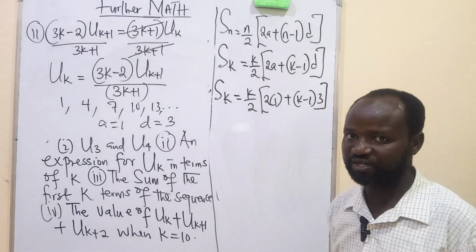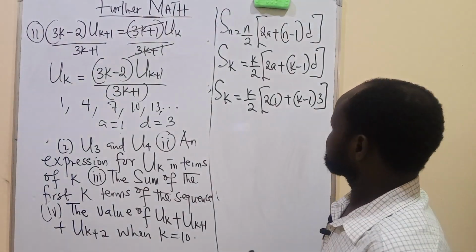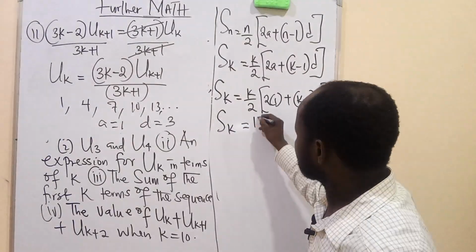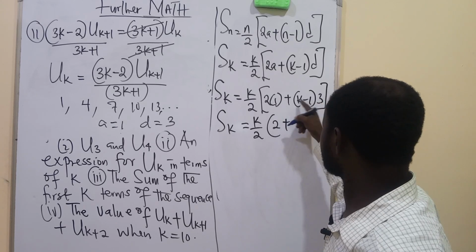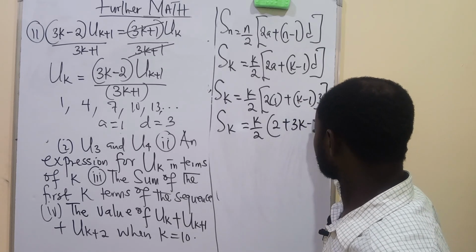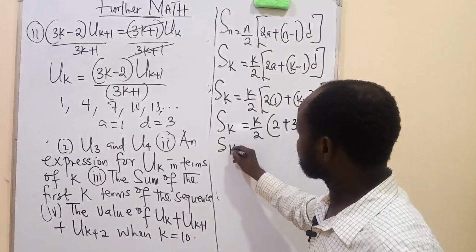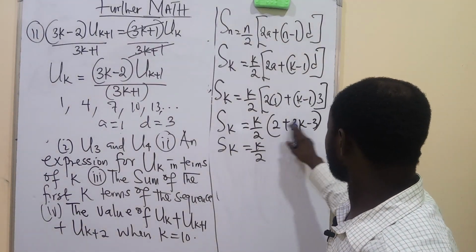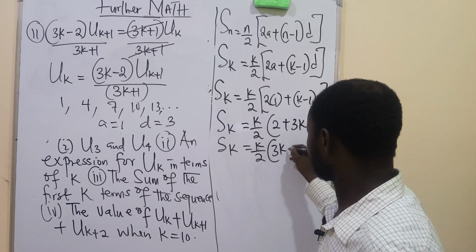So let's simplify this to get the sum. Our sum will be equal to k divided by 2, bracket open, 2 plus 3 times k, 3k minus 3, close the bracket. We have the sum equal to k divided by 2, times 2 minus 3, which is minus 1, so we'll have 3k minus 1.